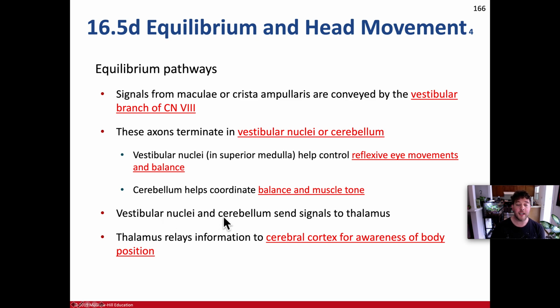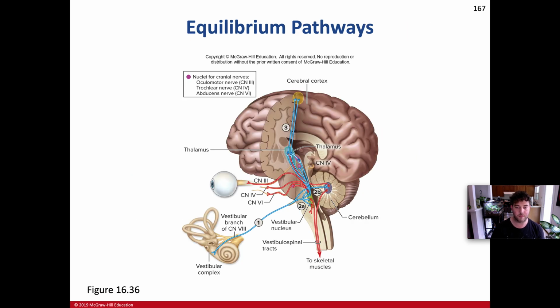The vestibular nuclei and cerebellum both send those signals to the thalamus, and the thalamus relays information to the cerebral cortex for awareness of body position. So it goes this indirect pathway from the vestibular branch into the cerebellum, and then up into the thalamus, finally to the cerebral cortex, so we can actually know where we are. And that is it. That is all for our lectures.